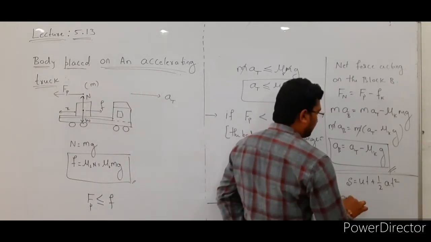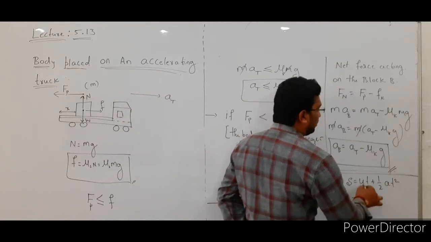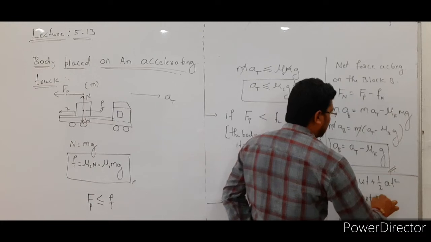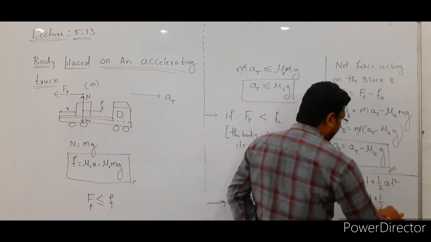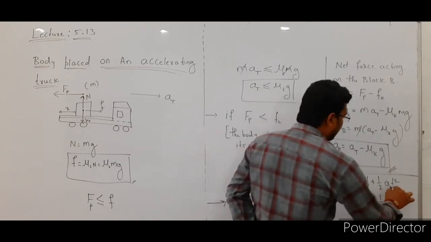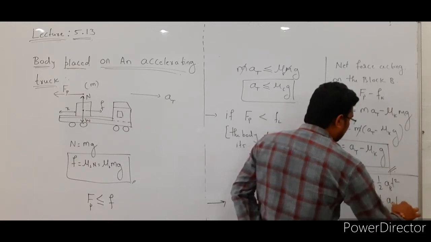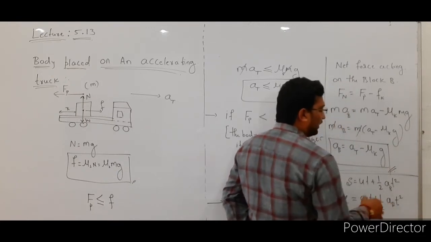The distance covered by the block, x, is equal to 0 into t plus 1 by 2 into the acceleration of the block into t square. 0 into any term is 0.